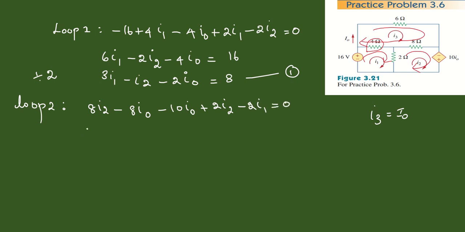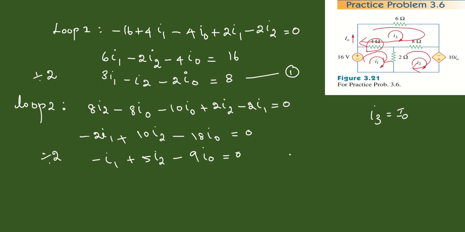So rewriting this, it is minus 2 I1 plus 10 I2, combining I2's together, minus 18 I naught, that is equal to 0. Dividing this by 2, I'll get minus I1 plus 5 I2 minus 9 I naught, that is equal to 0. So this is our second equation.